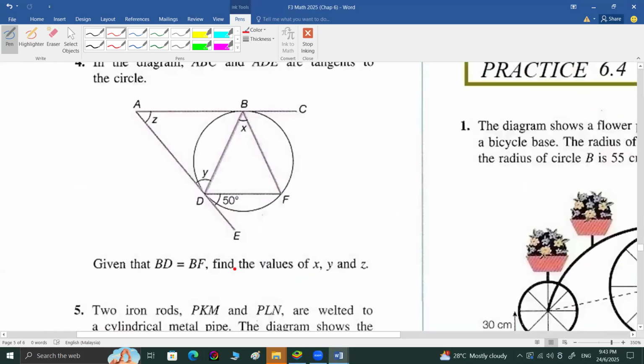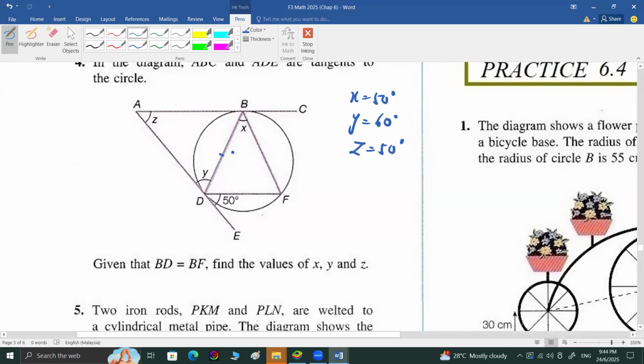X is how much? X is 50. Z is 50. Okay, this is the answer from one of the students. Okay, you all look at BD, same as BF.